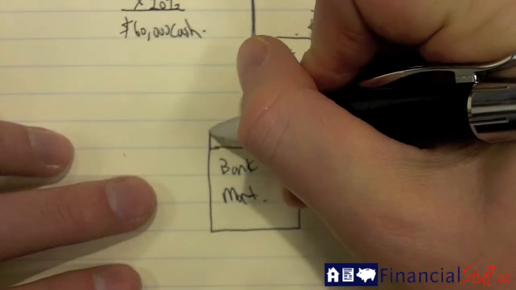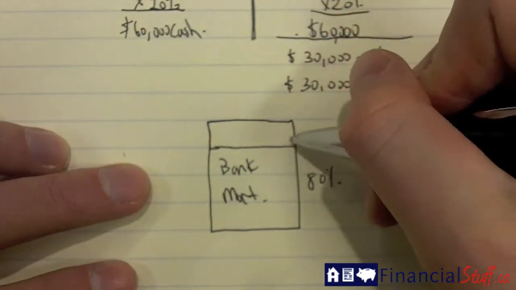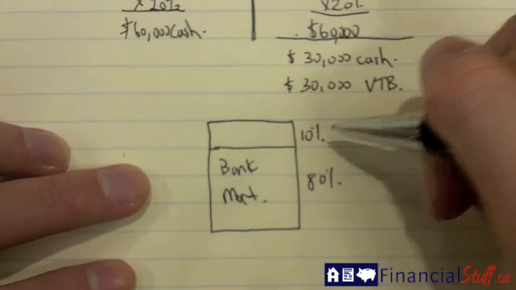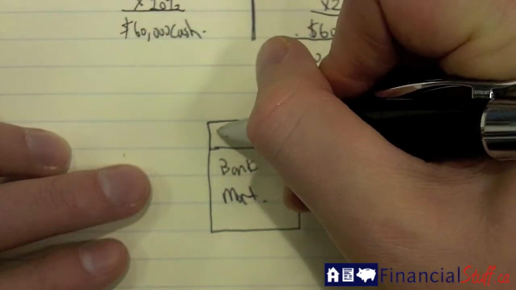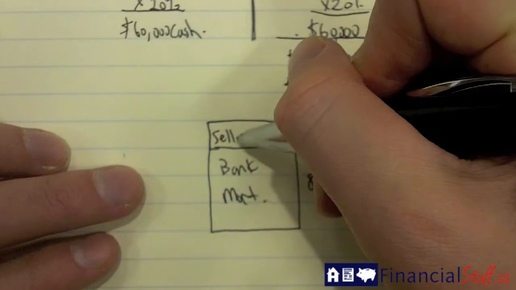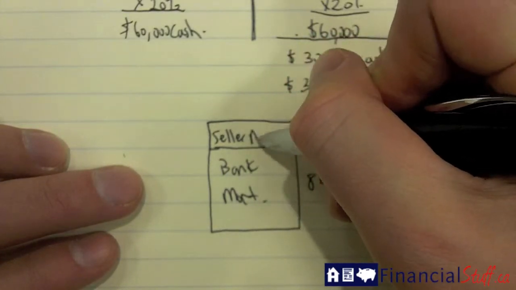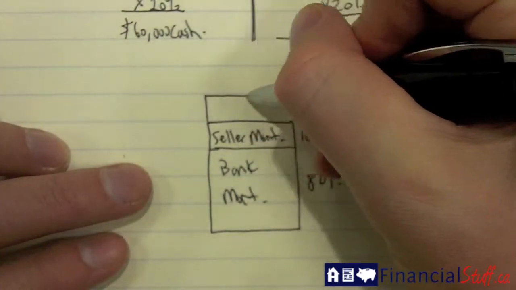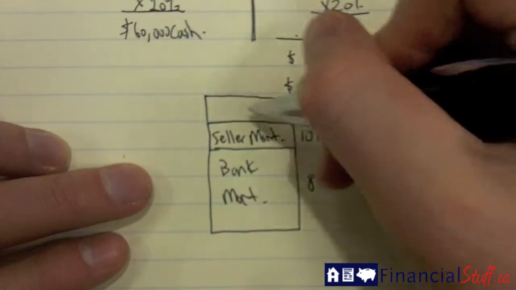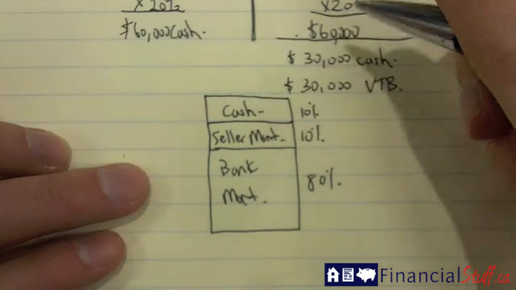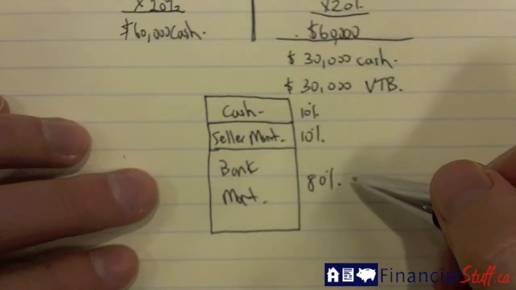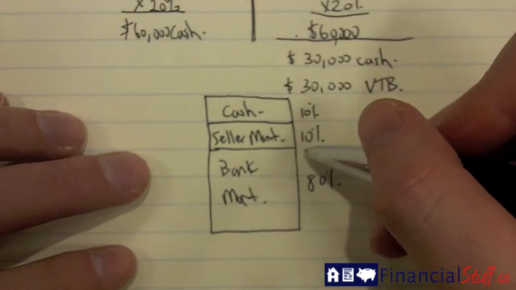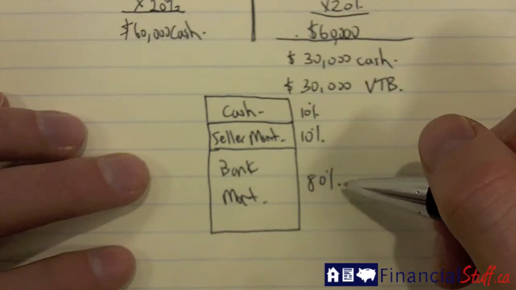Then from 80% to 90%, you'd have a seller mortgage, so the person you're purchasing the property from would have a mortgage on there too. Then that other 10% is your cash, or your equity.